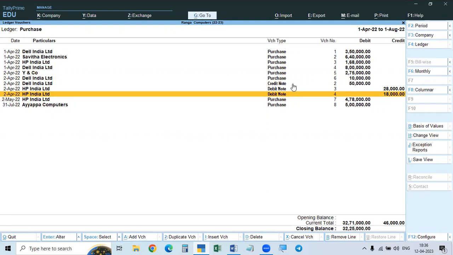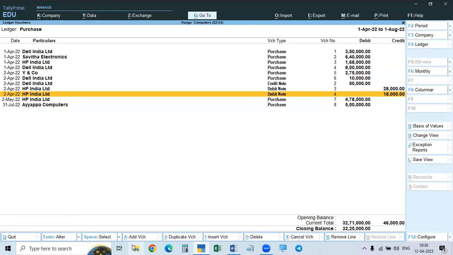So we have to increase that, isn't it? That means we have to increase the purchase value, and also the other person's account. He billed less, so he's taking less, but it is to be increased, so his account is to be increased.